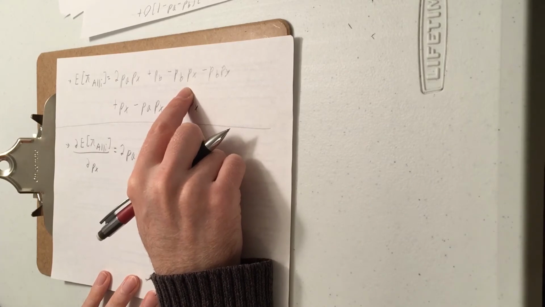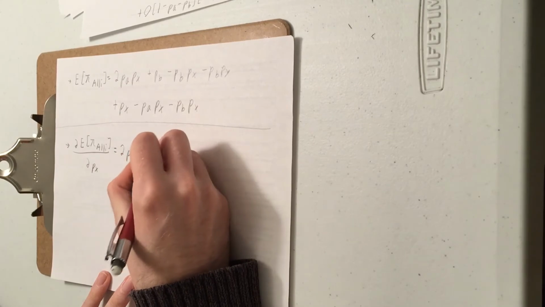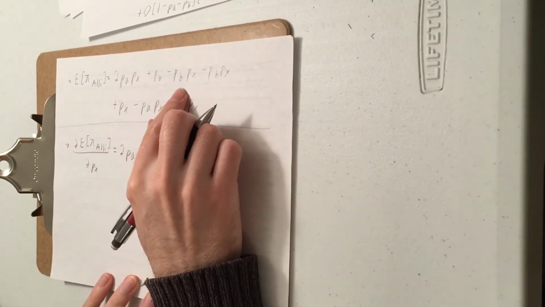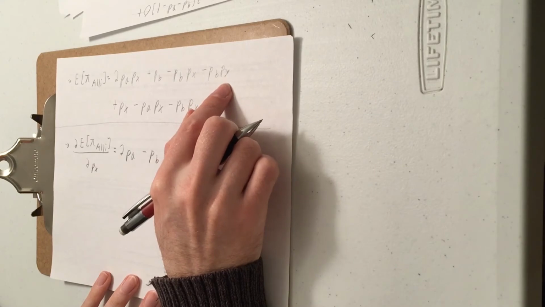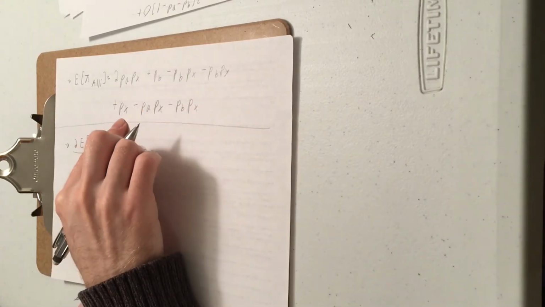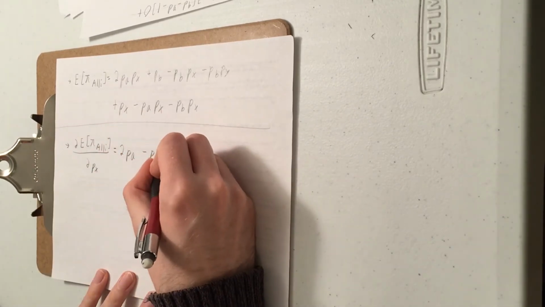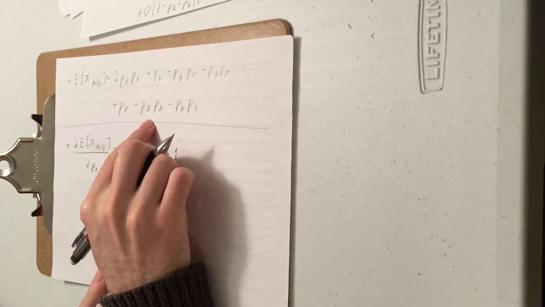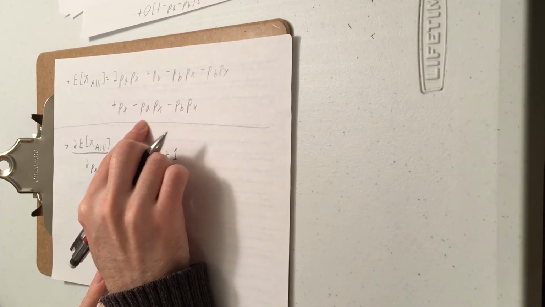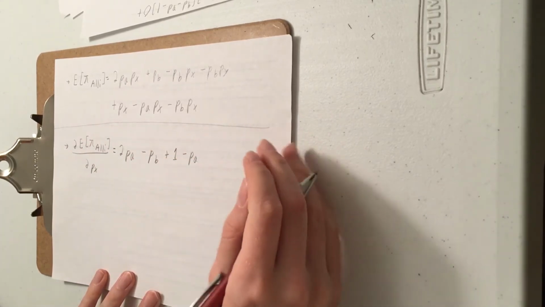This has a PX, so that partial derivative will be minus PB. No PX's here, so that's all just constants and goes away. We do have a PX over there, so that partial derivative will be 1. Minus PA is a PX, so that partial derivative is minus PA.